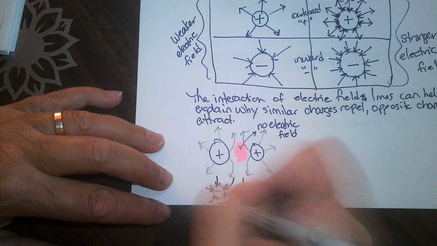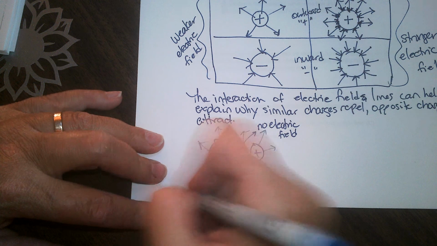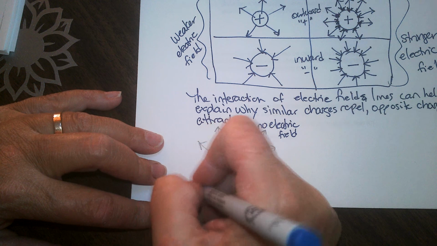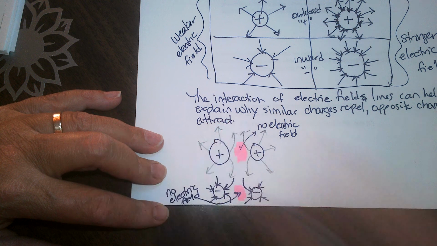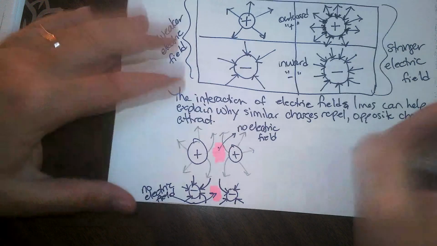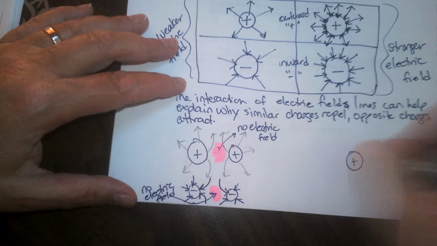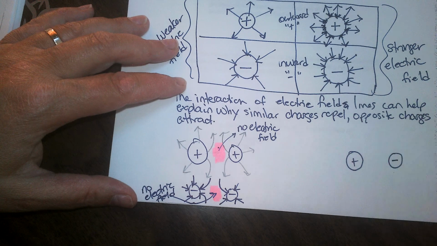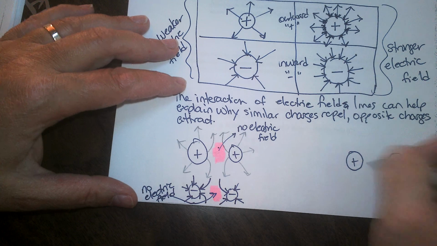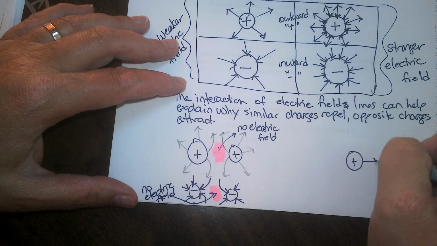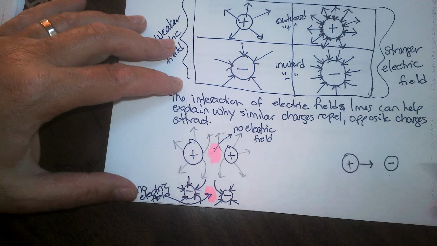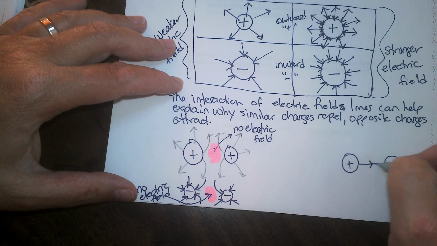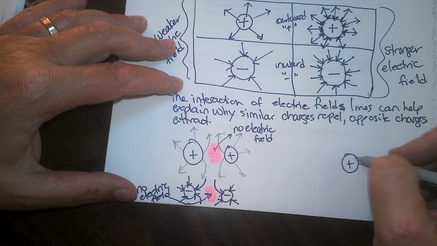If you were to find a way to measure this, there would be no value. Now, if I have opposite charges, we know that positive charges radiate outwards and negative charges radiate inwards. So you can see this flow.